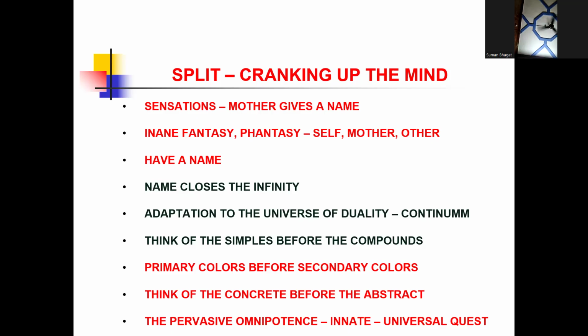And that fumbling is actually that process of fantasy. And from that, slowly, a structured, realistic, adult cause and effect thinking emerges. So, in that sense, split is also a cranking up the mind phenomenon, preparing the mind for thinking.